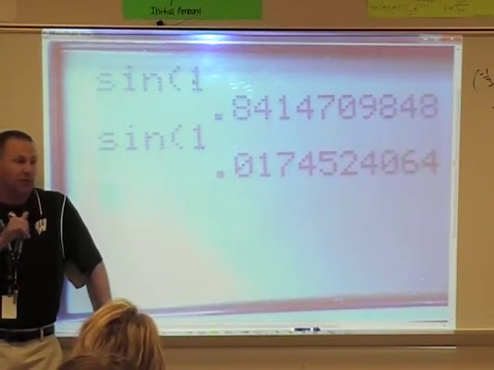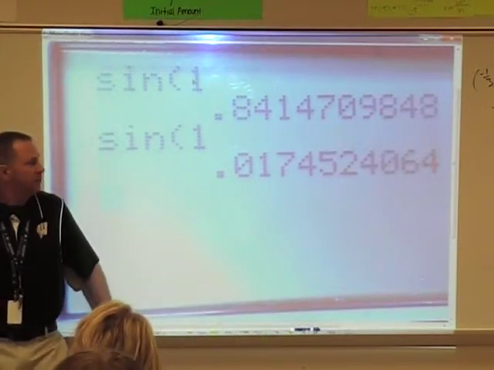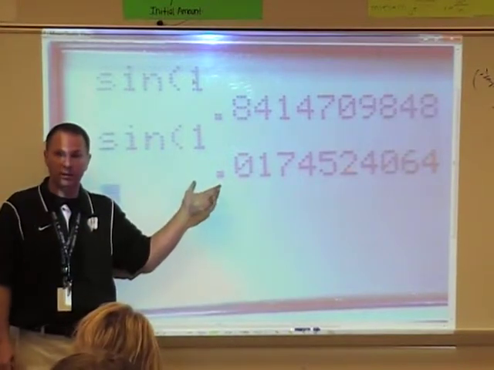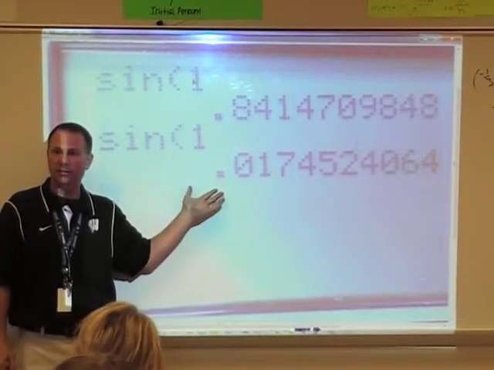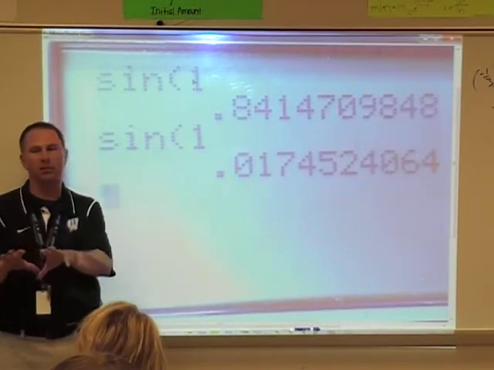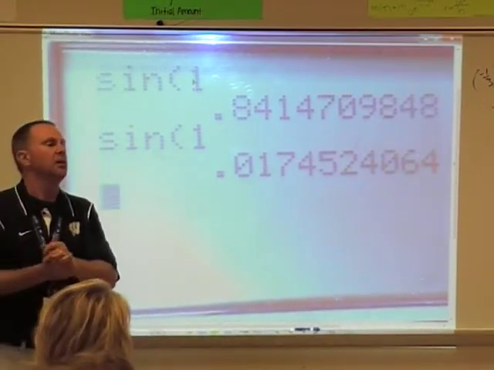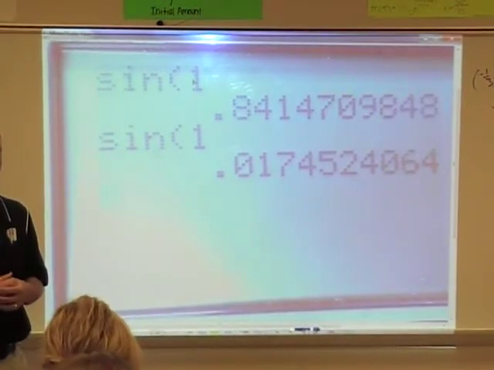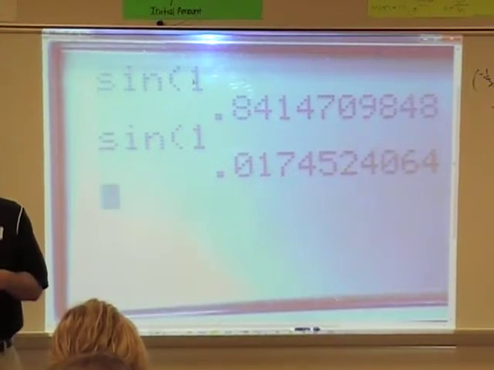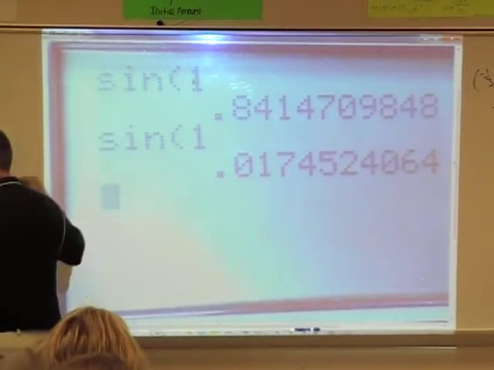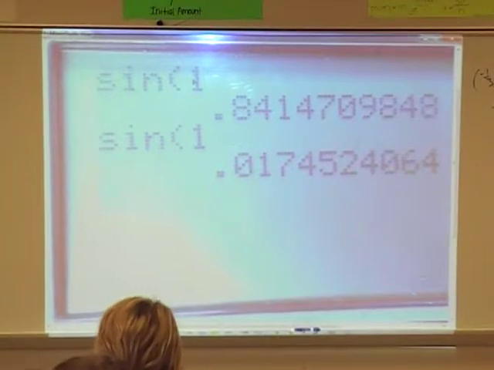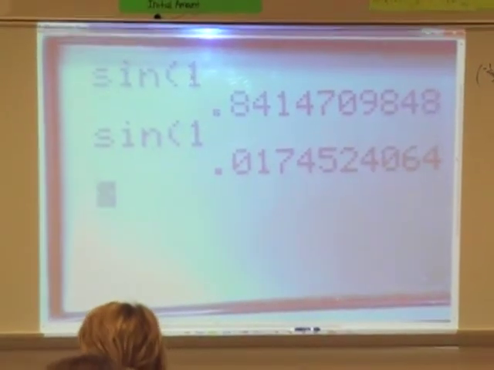So you got to be able to go back and forth on your calculator. If you do the wrong thing, you're going to miss a lot of problems, aren't you? Alright, so make sure you pay attention in your answer book to what you're doing. Make sure you understand what it is you're doing. You're finding degree measurement, you're finding radian measurement. Alright, that was it for that. So when you get to that part of your book, make sure you're in radian mode.